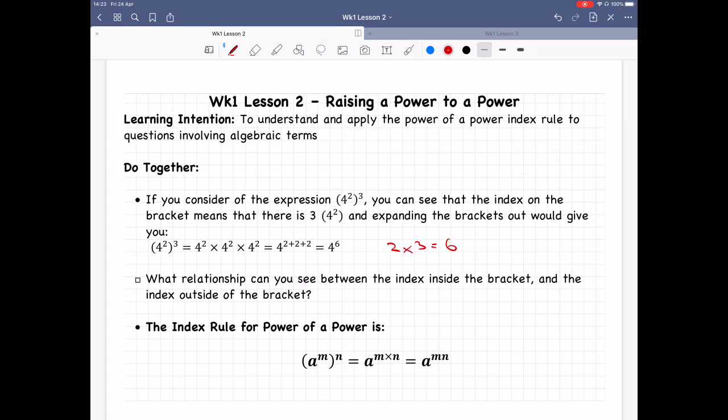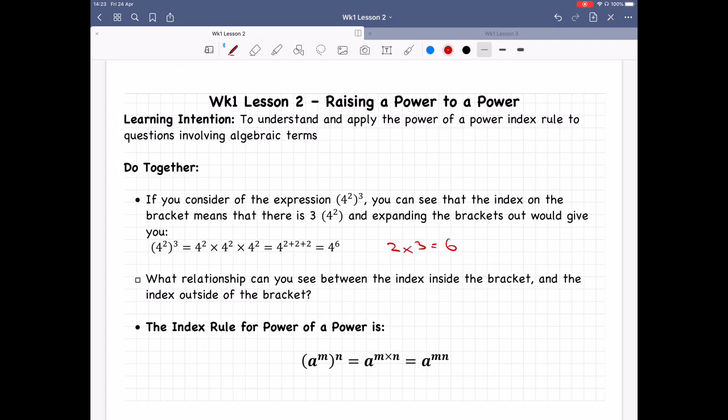So the index rule for power of a power is when the power is inside the brackets, we need to multiply the powers together. So if we have a to the m all to the power of n, then we have a to the m times n, and if it's algebraic, we would write that as a to the mn.